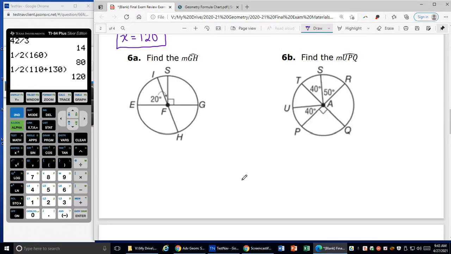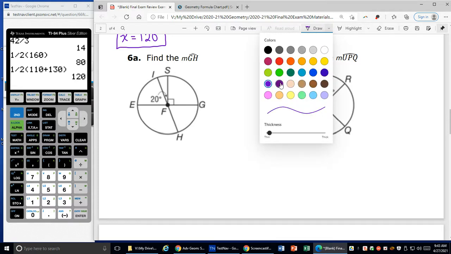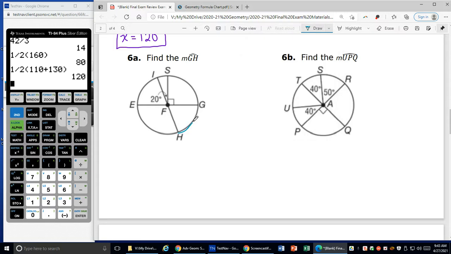Okay, let's look at 6A. 6A, find the measure of arc GH. Well, I believe we've already done that because we found the length of arc GH. And in order to find the length of arc GH, we had to find the measure. But we'll review it just so that we can make sure we have a good understanding of how to find this arc. Remember, if you have a diameter, there's 180 degrees on one side of a diameter.